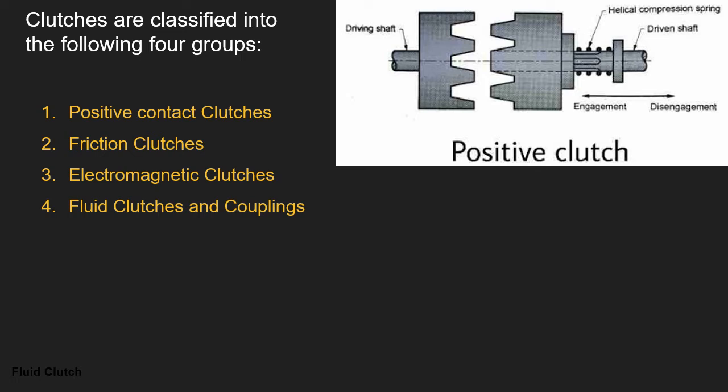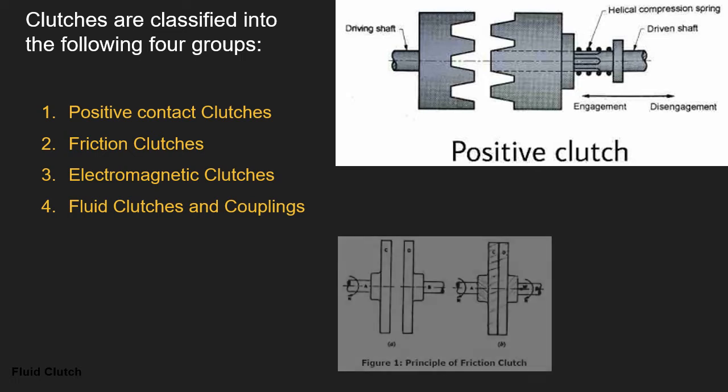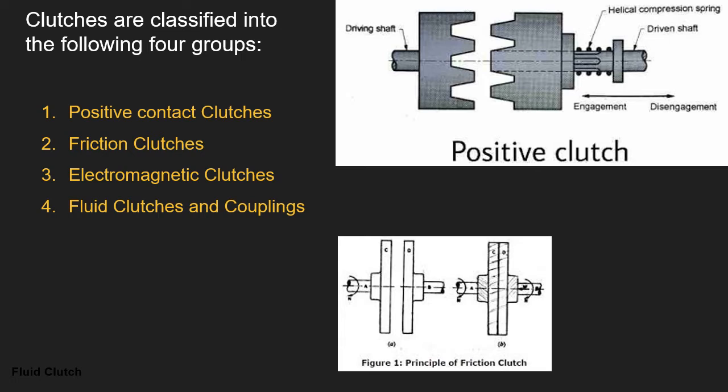But when you press the clutch pedal and both the jaws are separated, there will no longer be transmission of power and you will get that temporary break. Now we make use of helical compression springs to make sure that the jaws are in engagement.